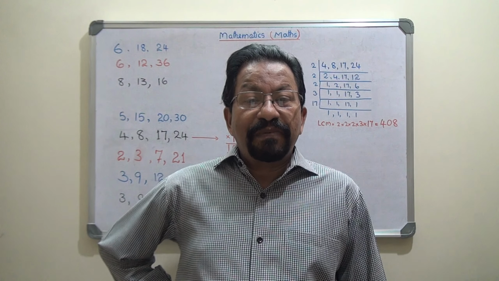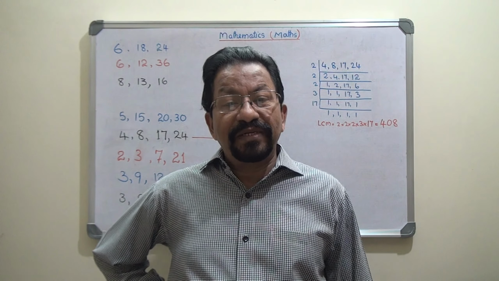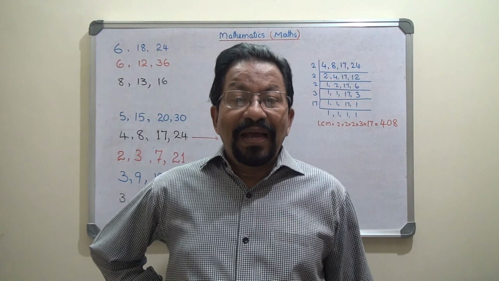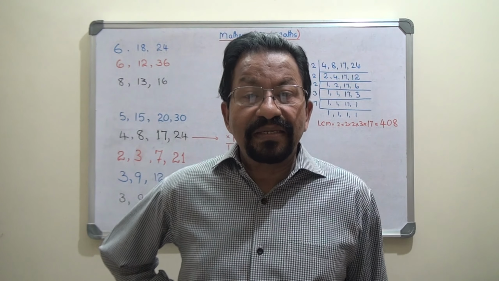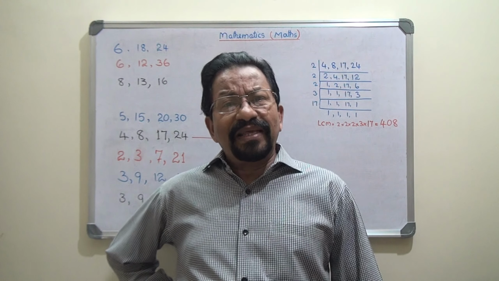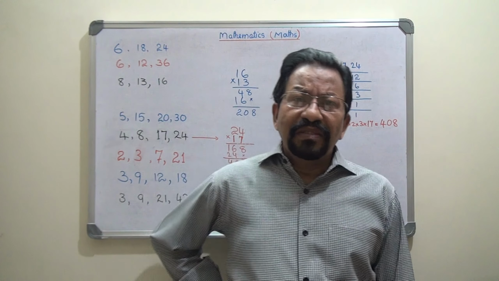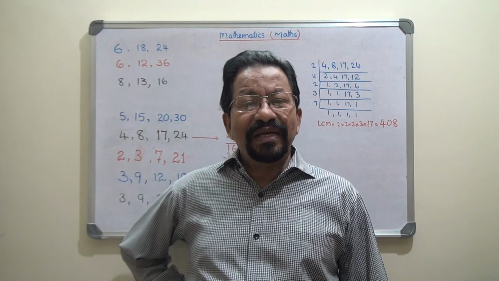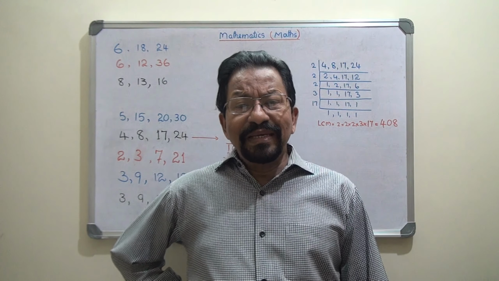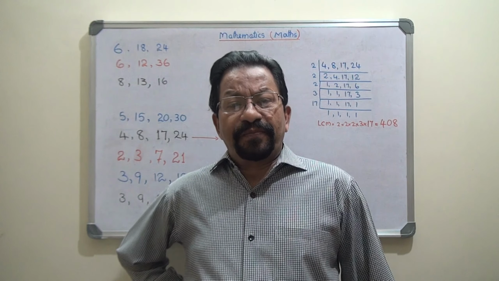We are finding the prime factors of each and every denominator, then taking the LCM. And the third method we are learning in school is the division method. There are some other methods also, that is the number tree method, Venn diagram, etc. But all the above methods are time consuming.